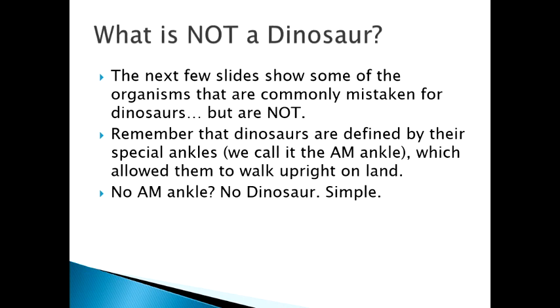And it's a way in which the dinosaurs strengthen those ankles in order for them to grow big and be bipedal or quadrupedal in these upright postures. Simply put, if a fossil does not have the same type of ankle, it's not a dinosaur, no matter what grouping you think about it.